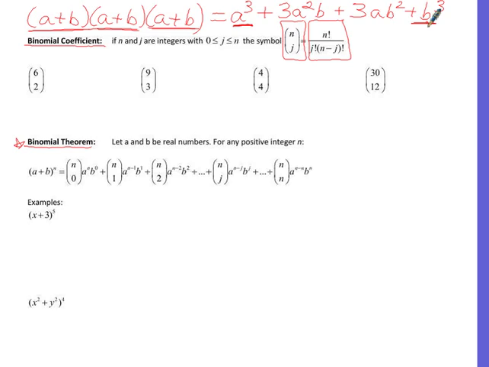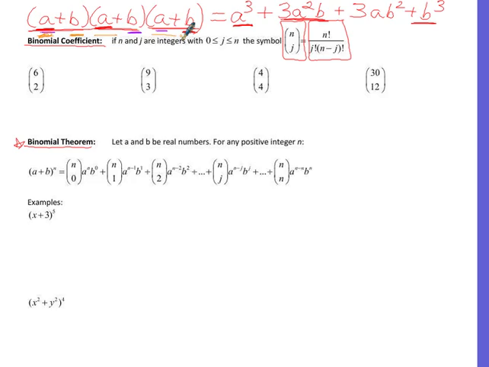But there are three ways I could make the A squared times B term. I could take an A out of this one, an A out of this one, and a B from the third one. Or maybe I could take the B from the middle one and a couple of A's. Or maybe I could take the B from the very first one and a couple other A's.